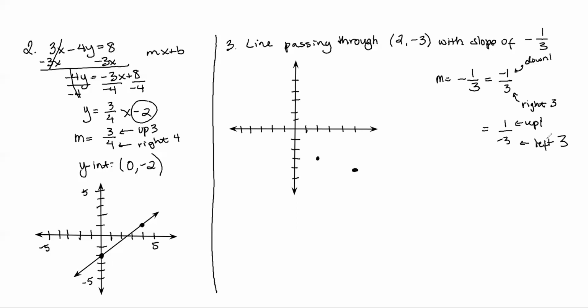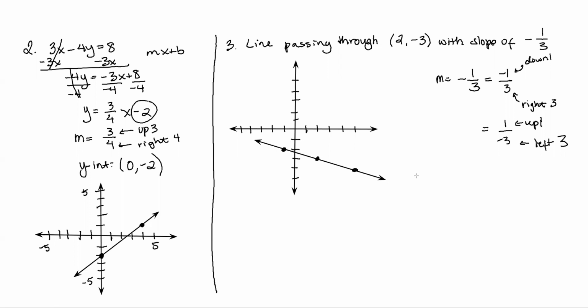We're going to go up 1, left 3. So if I go up 1, left 1, 2, 3, as long as your graph is nicely set up, they should all be on the same line. They're just in a different direction. So it's perfectly fine to put the negative on the bottom or the top, but not on both.